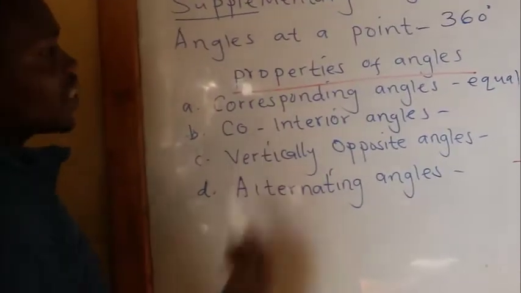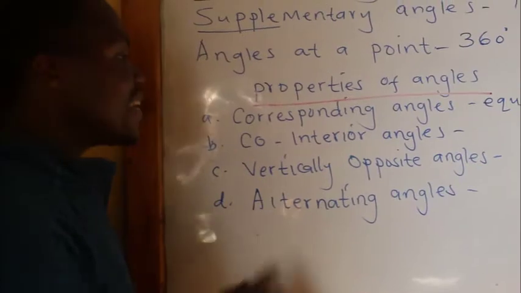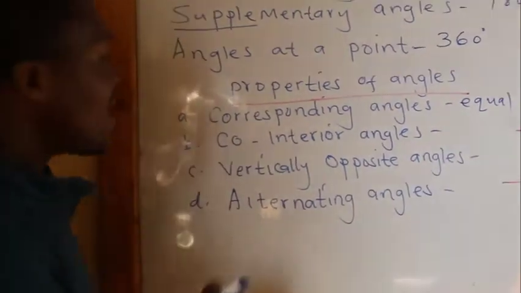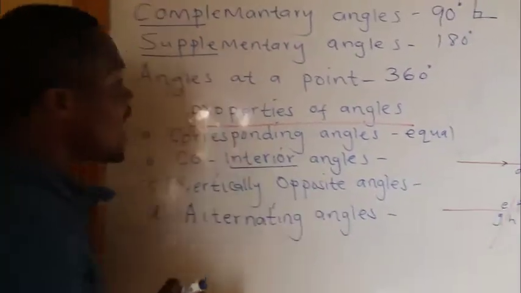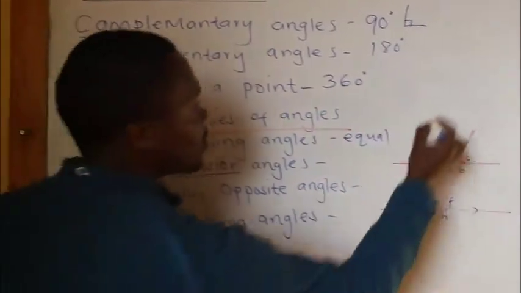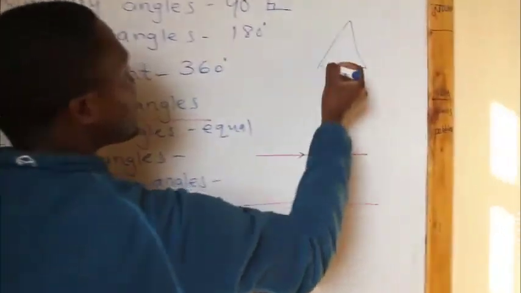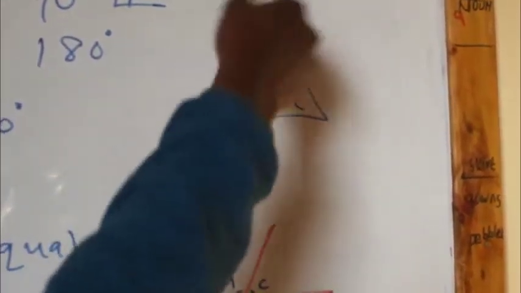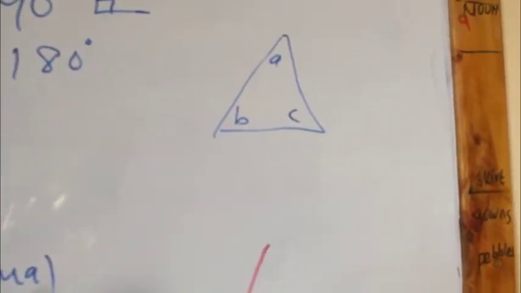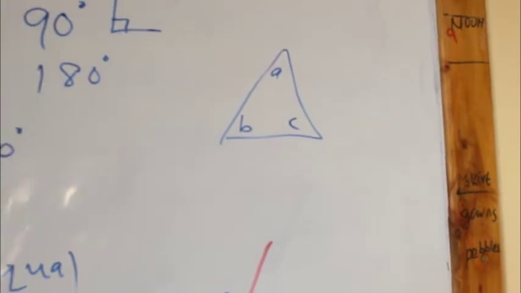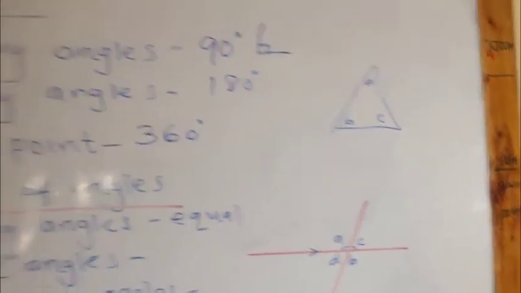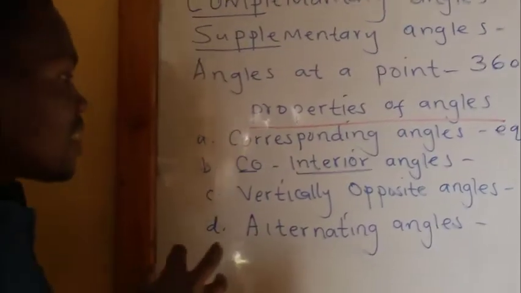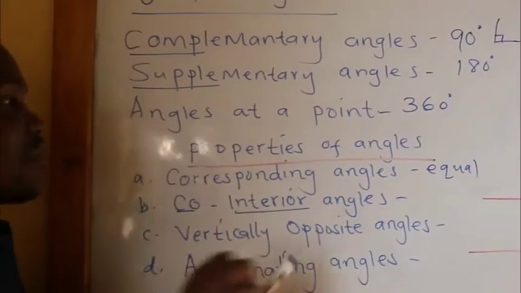Another property of angles is co-interior angles. The word interior means angles inside a triangle. This is my triangle here. So when I say angles A, B, and C, these three angles are inside a triangle. Since they are inside a triangle, we call them interior angles. But the word co-interior means they are almost interior angles, but they are not.